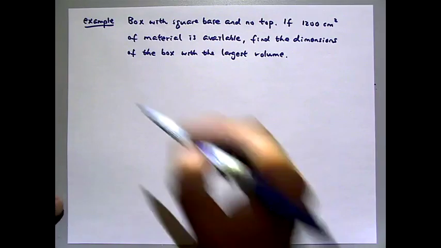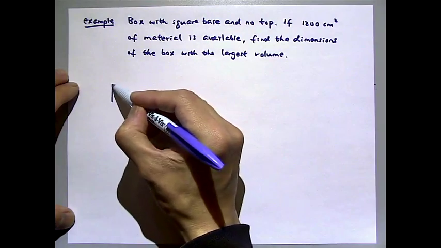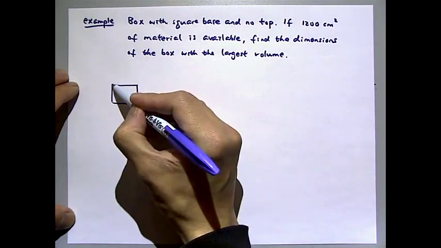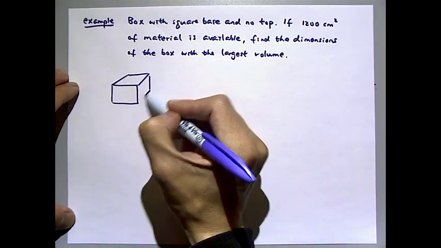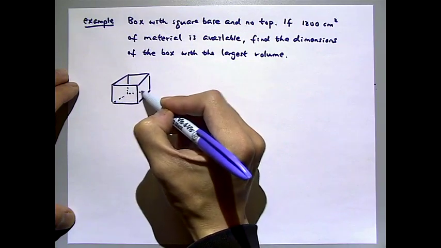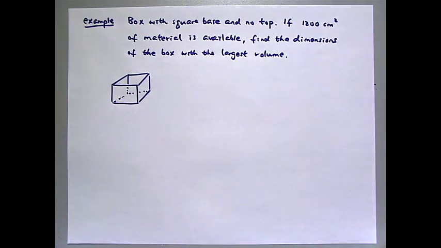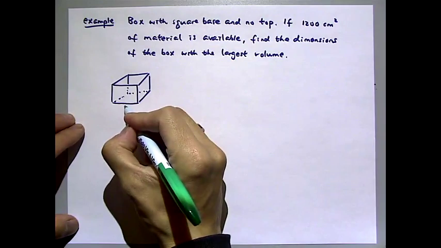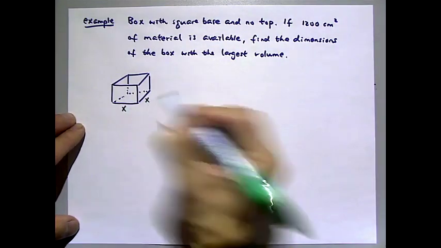Just like last time, to make this more clear, let's sketch a very simple picture and then use that to help us set this up. Just like last time, we're still dealing with a square base. So call the base whatever you want, x.